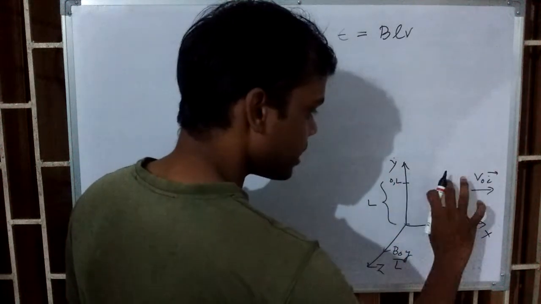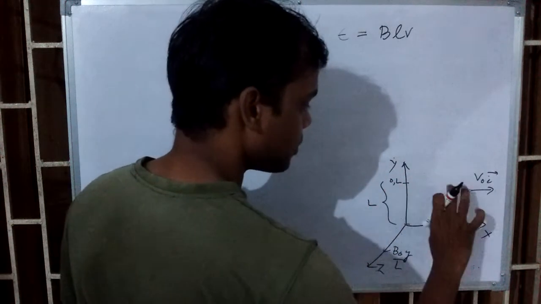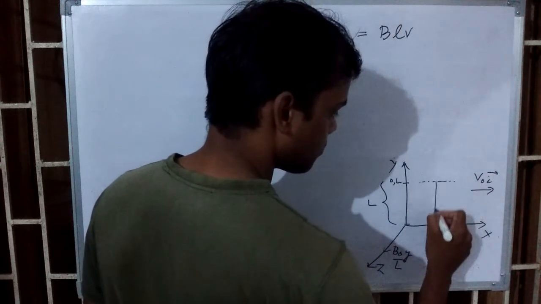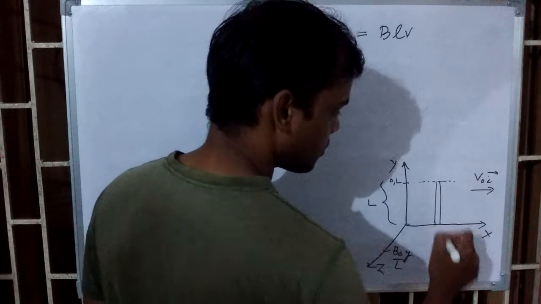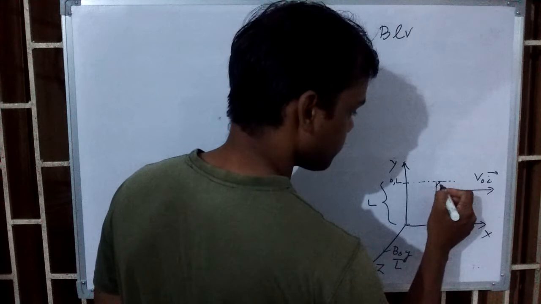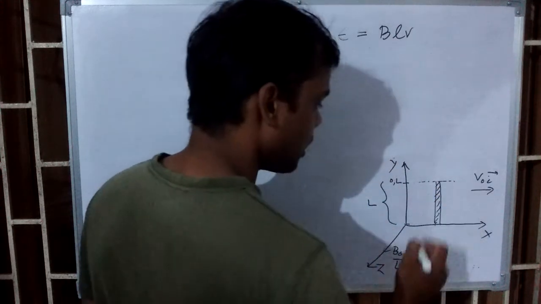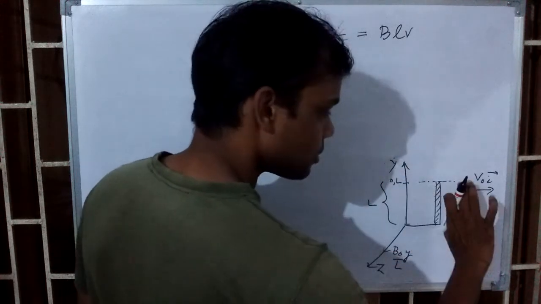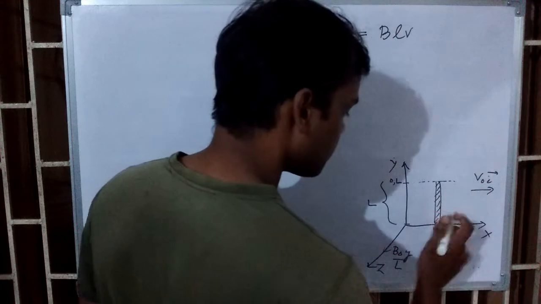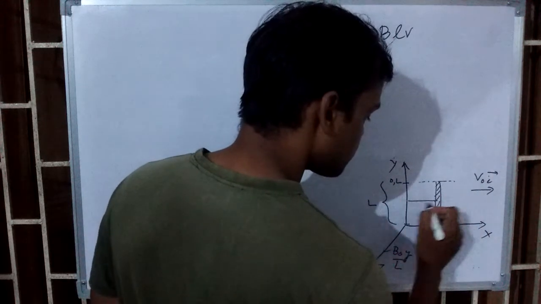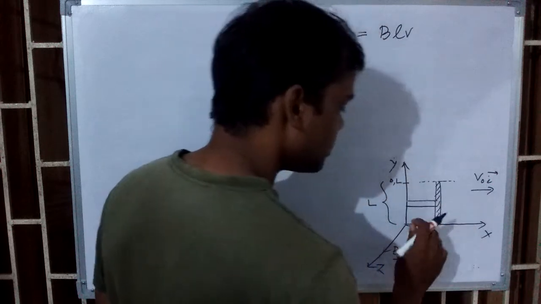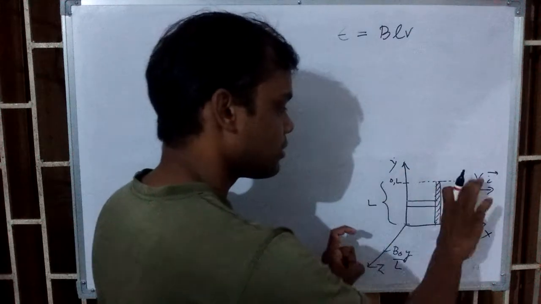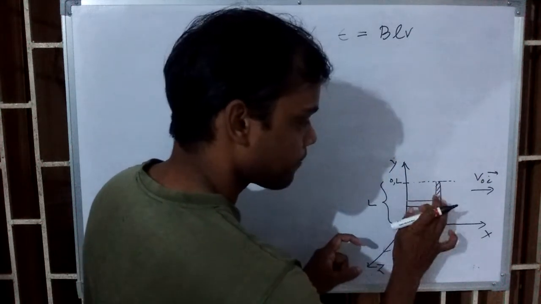Suppose by moving in this manner, the rod has already moved a distance. Suppose the rod is already here. Now by moving this distance, it is covering the total field region. So I will take a small element. This is a small element along the direction of y. The rod is moving along this direction, it is covering this area.